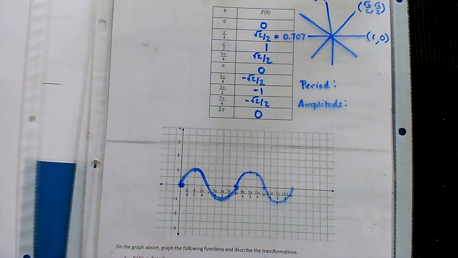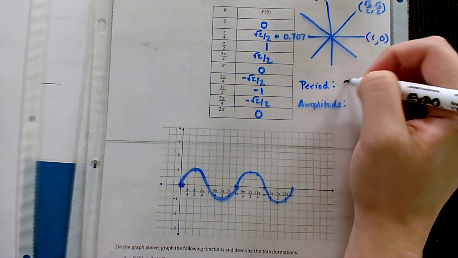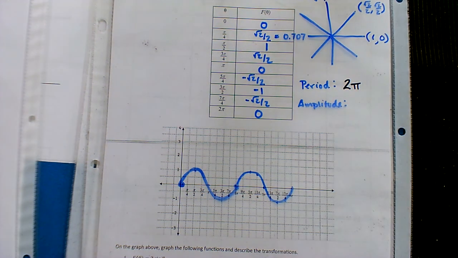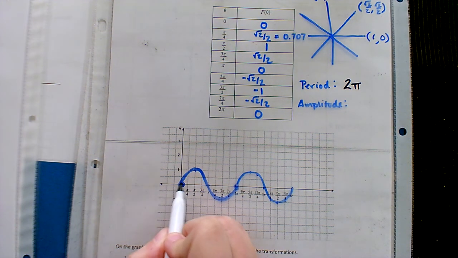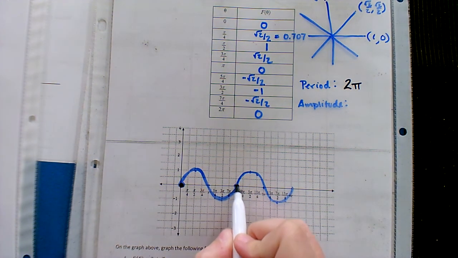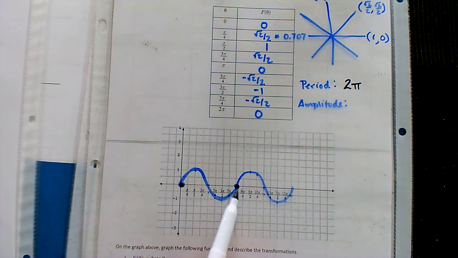All right, so if the period is one full circle, how many radians does one full circle have? 2 pi. I know, our period is 2 pi. And you can see that on the graph. Notice how we start at the origin and then we're back on the x-axis at 2 pi after we do one full wave. I know, it's all clicking.